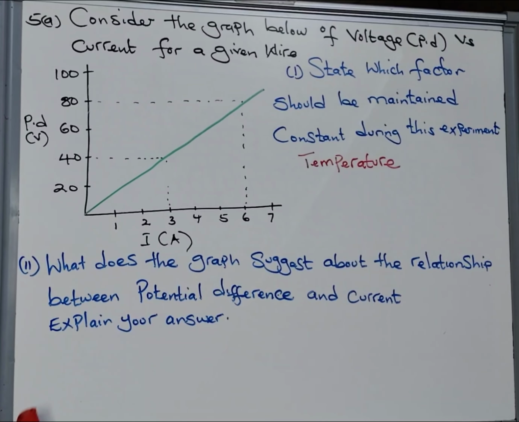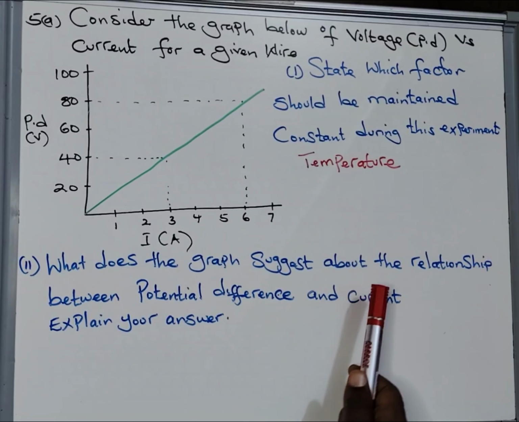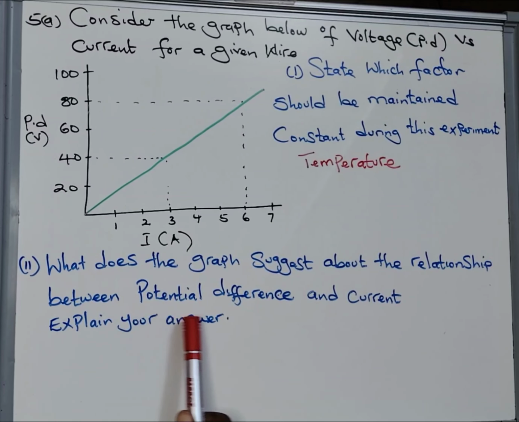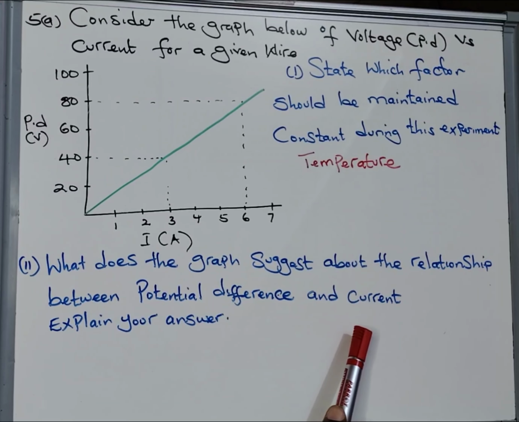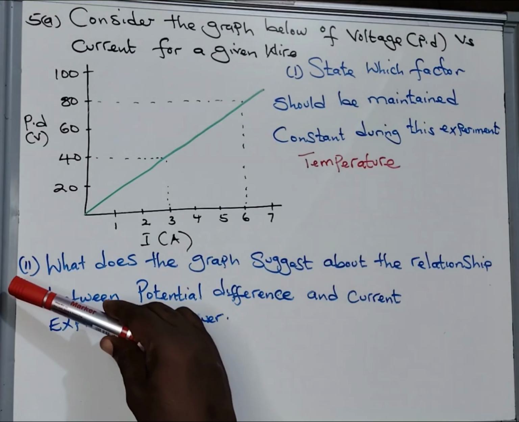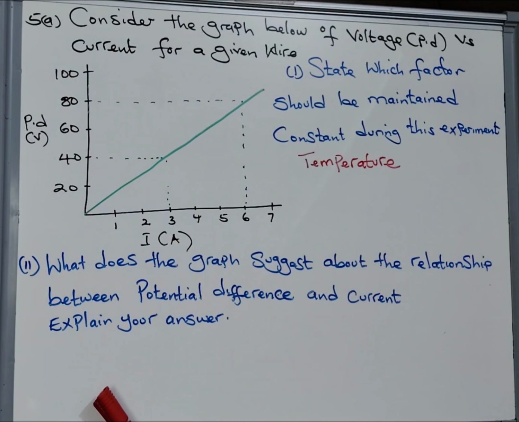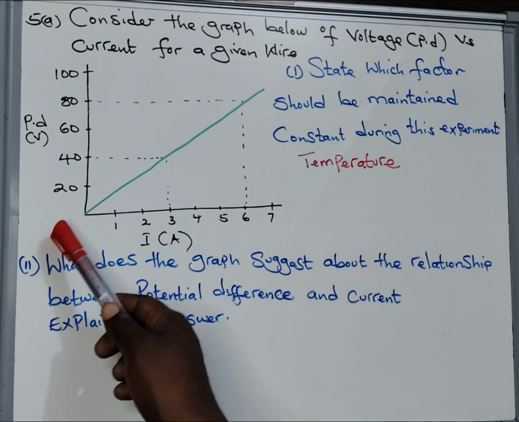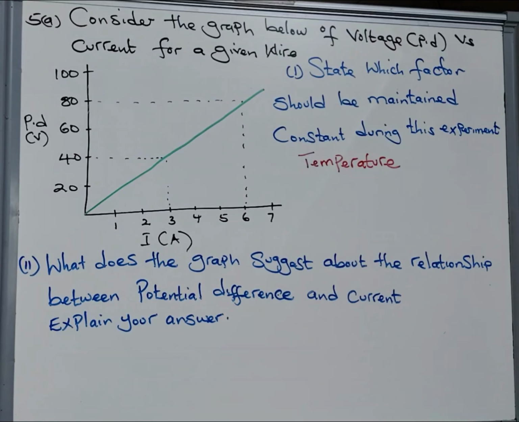Then comes this question. It says, what does the graph suggest about the relationship between potential difference and current? Explain your answer. What do we see? We are seeing a straight line, even through the origin.